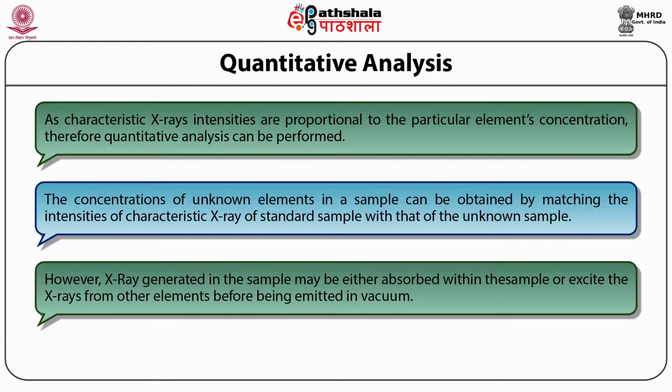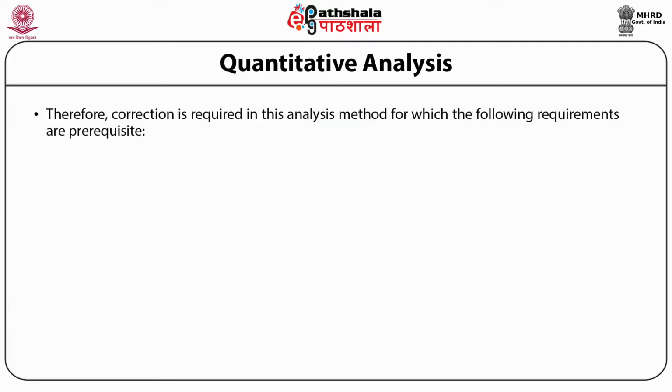However, X-rays generated in the sample may be either absorbed within the sample or excite the X-rays from other elements before being emitted in vacuum. Therefore, correction is required in this analysis method, for which the following requirements are prerequisite. First, it should have a flat specimen surface.